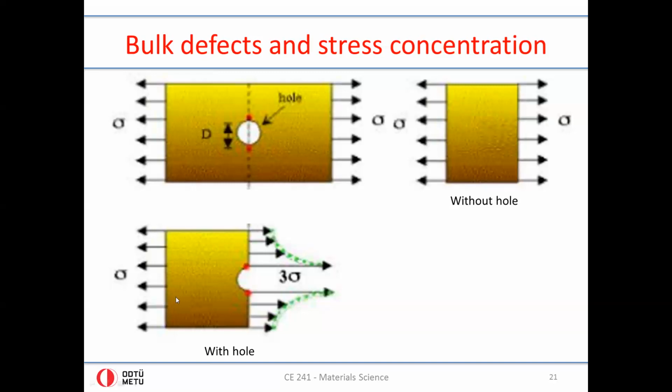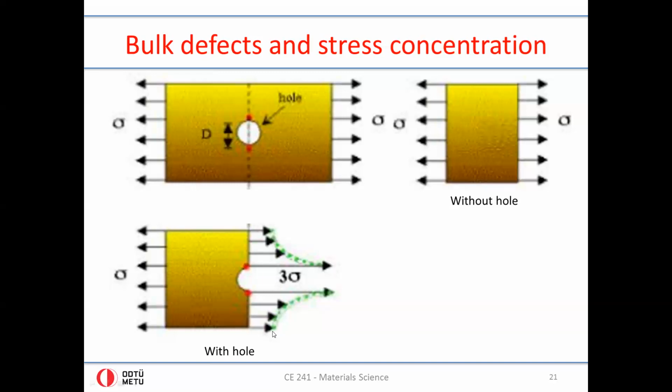So in this case, with the hole, because there is a hole here, at this imaginary line, there is no ability for force to be applied here. So here there is zero force and there is zero pulling. So then this total amount of force applied over this line, over this length, needs to be applied by the summation of the total force applied here and the total force applied here.